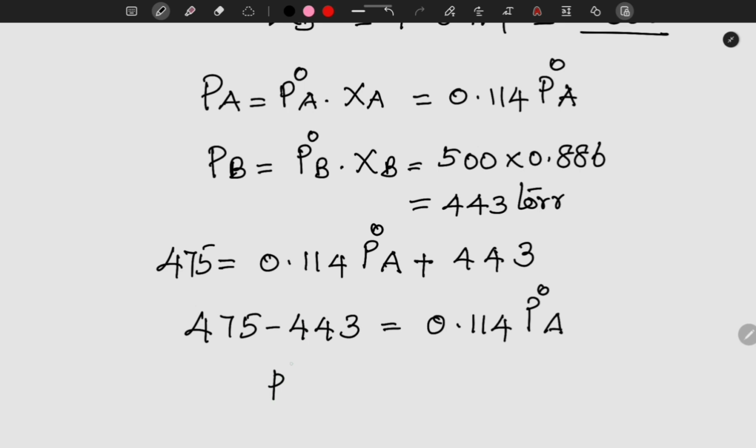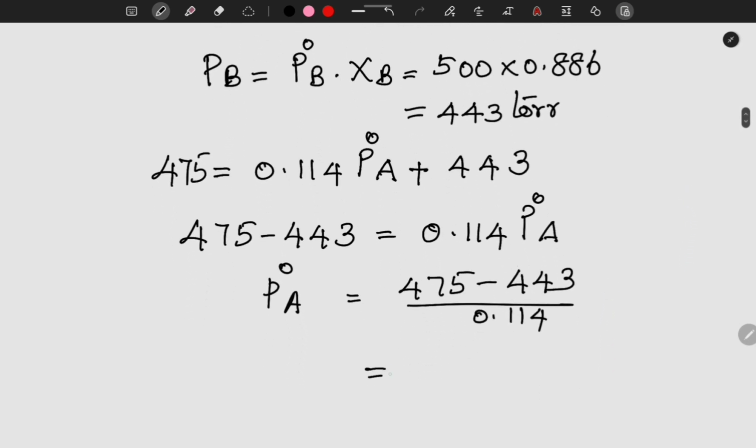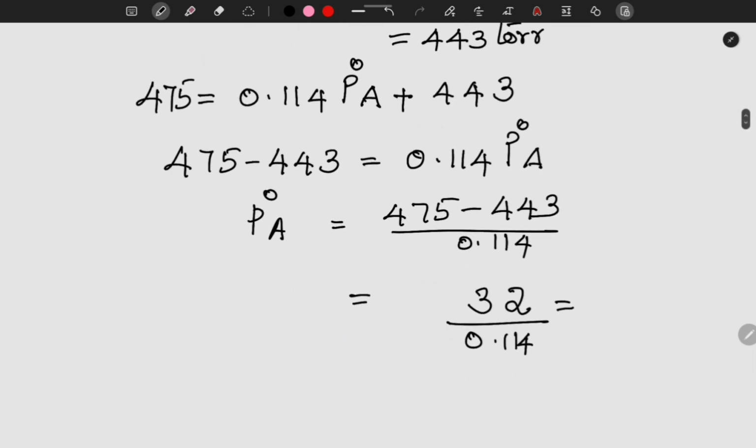Therefore P0A is equal to 475 minus 443 divided by 0.114, that is 32 divided by 0.114, which is equal to 280.7 torr.